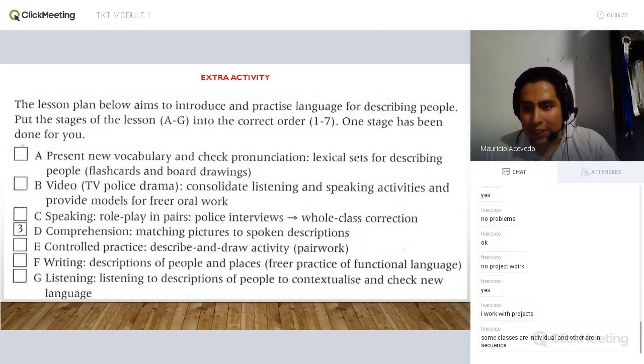Okay, you work in projects. Okay, very good, Francisco. So you have a combination, a mixture of these two. Very good. Now I got it. Sorry, it's because I didn't see it.